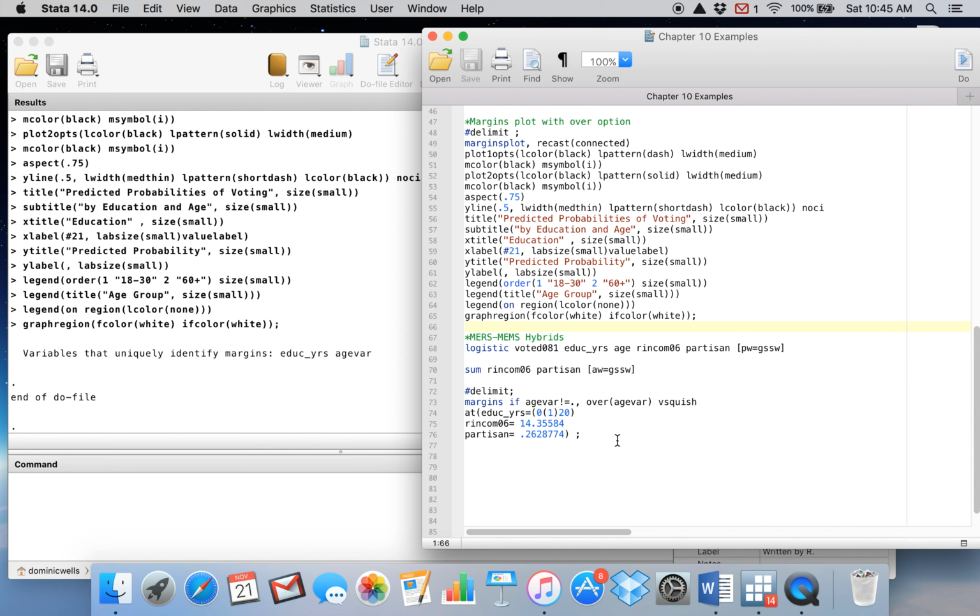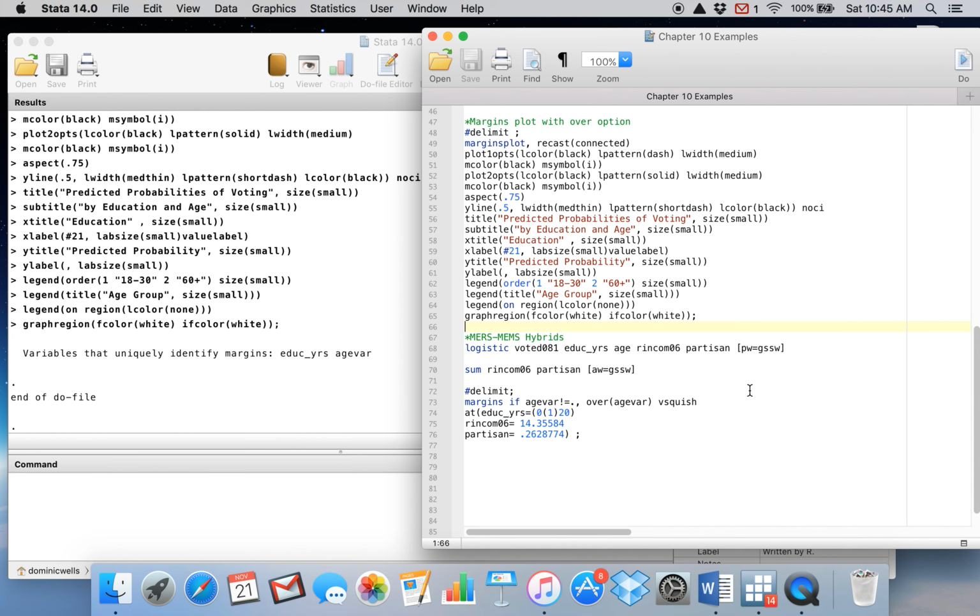So we can hold certain things at the average, and then we can hold other things at values that we want to hold them at because we find that interesting. If I want to compare older women with younger women, I can hold the gender value to a 1 and compare older and younger women and their probability of voting, or whatever we're trying to model.